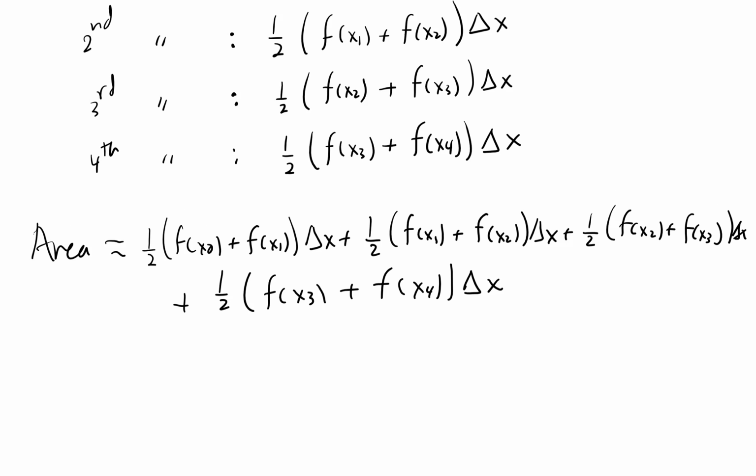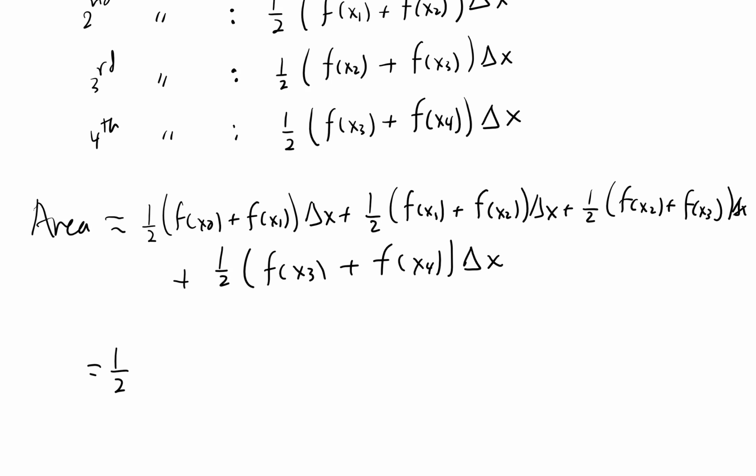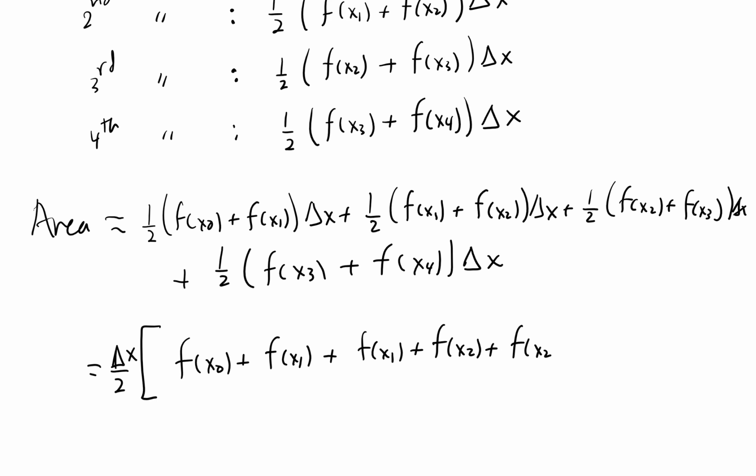We can factor out 1/2 and delta x, so delta x over 2. That'll leave f of x0 plus f of x1 from the first one, f of x1 plus f of x2 from the next one, f of x2 plus f of x3 from the third one, and f of x3 plus f of x4 from the last one.